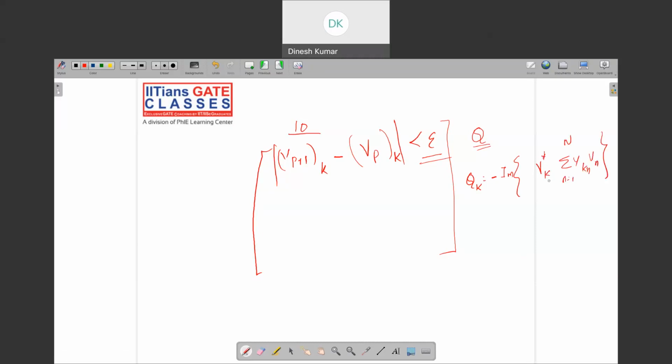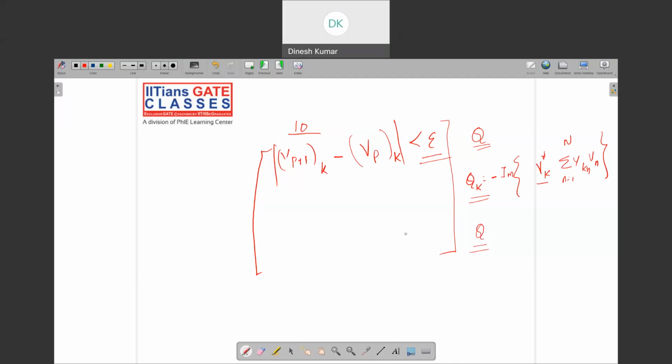So this is basically V into I, right? This is basically the equation for I. So once you find all the voltages, then check Qk, and if Qk is not converged, then do it again. Okay. So until all the voltages and Q are also converged, because in some buses the Q will be specified, right? So in some PQ buses the Q will also be specified. So we have to check about this Q also.